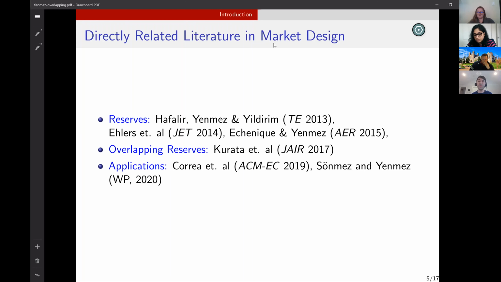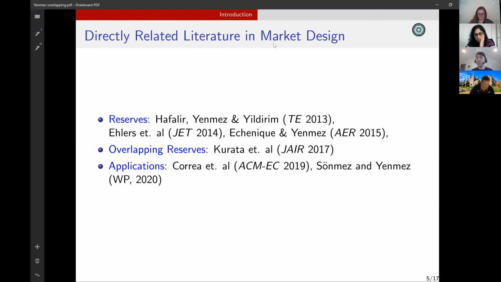The overlapping reserves are studied by a recent paper by Kurata et al. But they solve this problem by assuming that individuals rank positions reserved for different traits, and they apply for these positions. So they introduce some artificial tie breaking among the positions for which individuals may be indifferent.